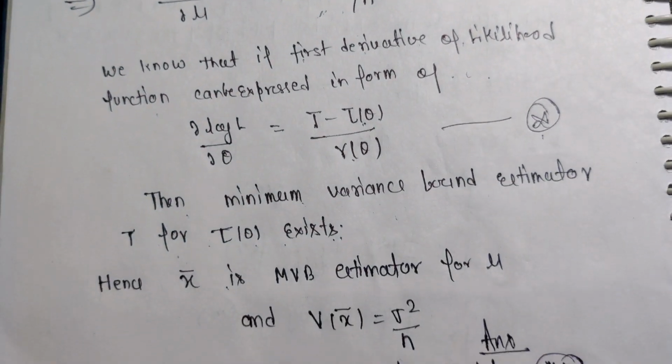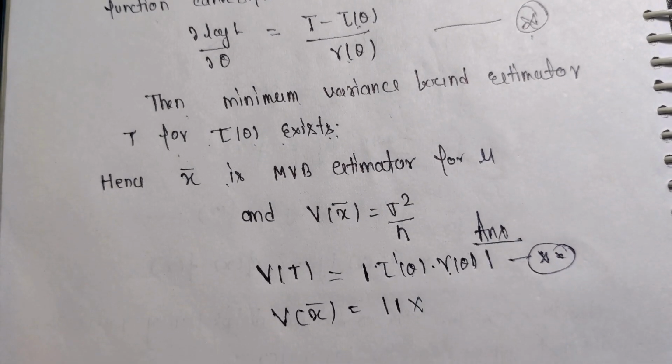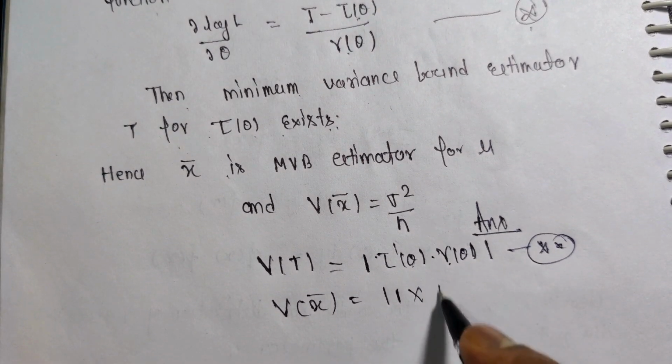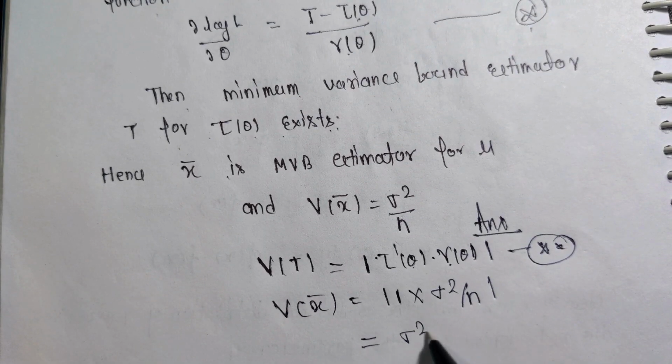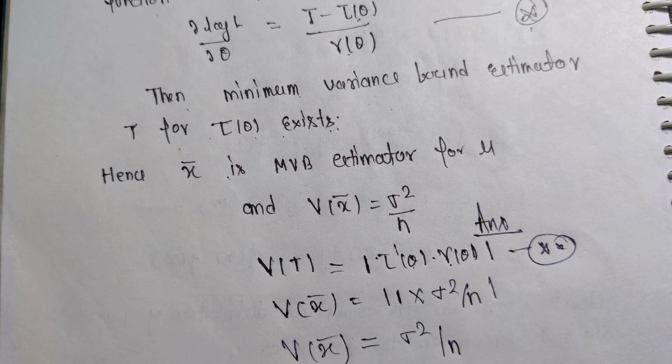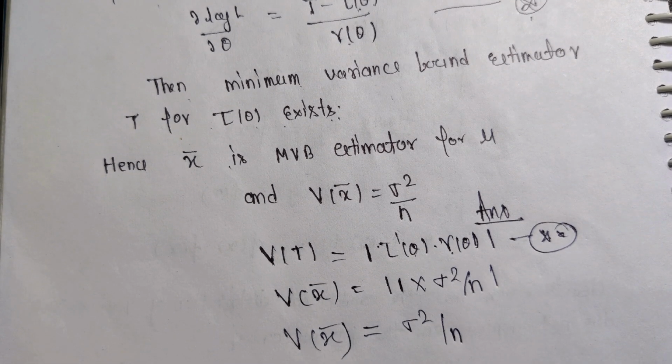So the variance of x bar becomes sigma square by n. This is the variance of x bar, and x bar is the minimum variance bound estimator for mu. So this is the solution of this problem, and you can follow the same procedure for the next problem, apply the same concept and find out the solution.